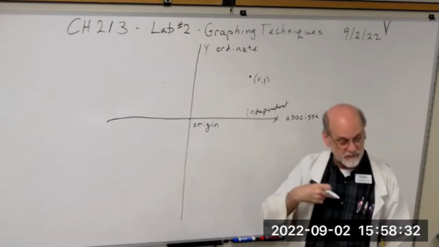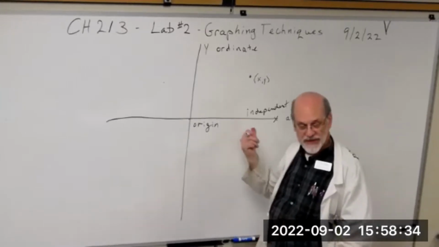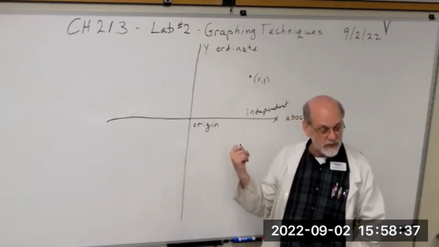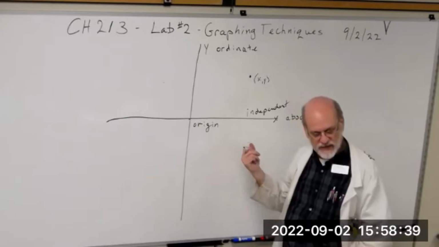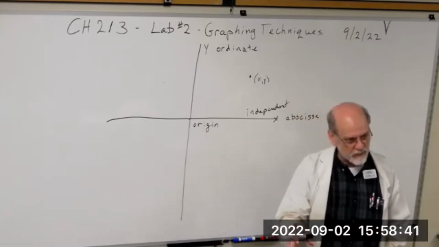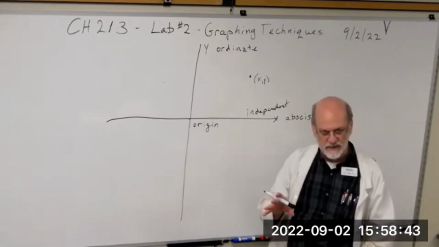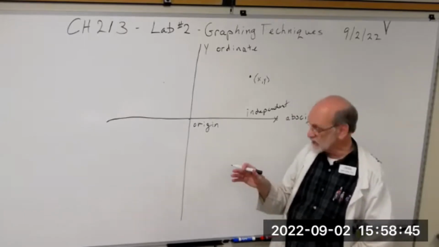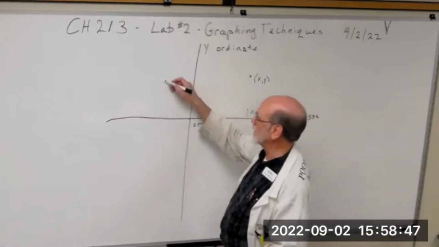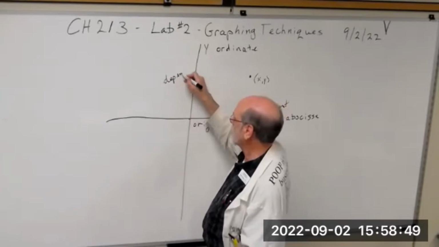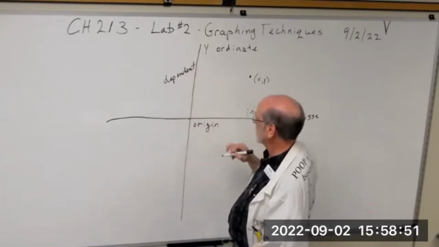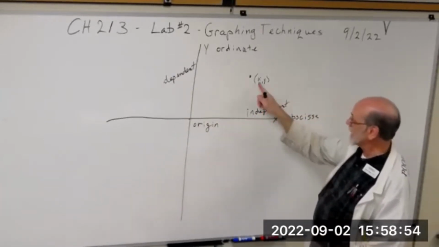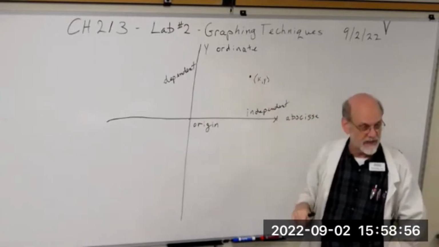That means that the experimenter has chosen that value. So when the experimenter chooses that value and plugs it into the experiment in some form or fashion, the experiment responds and kicks out a dependent variable. So what you're saying is independent, dependent identifies your point.